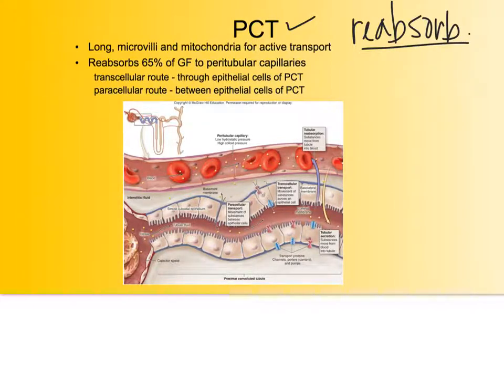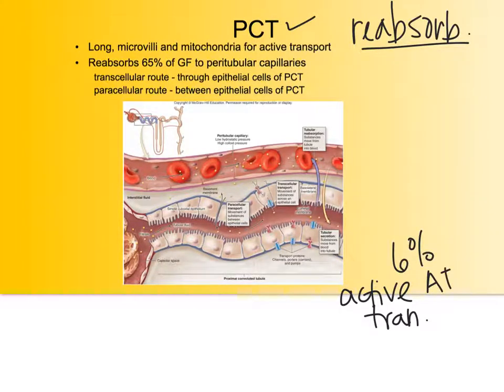It's cool because it has a lot of active transport. It actually uses 6% of all the ATP in your body in your proximal convoluted tubules for active transport. They're very long.